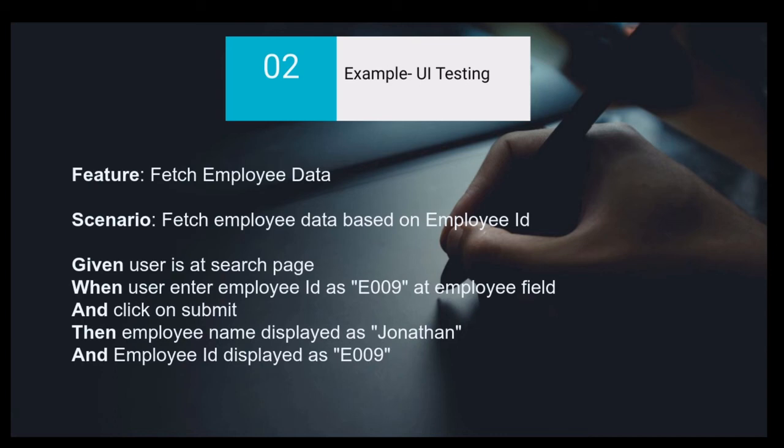It is very easy to understand for everyone, for PO, for business stakeholders, for developers, for testers. If you write your test cases in this format, then it is very easy for everyone to understand what scenario you are testing, for which feature you are writing the test cases, and how many scenarios you are covering for that. So it's very easy to understand.